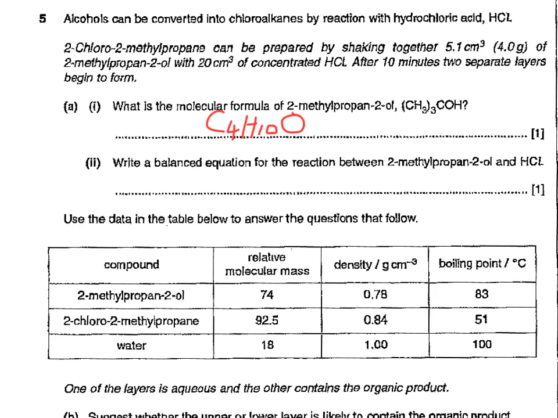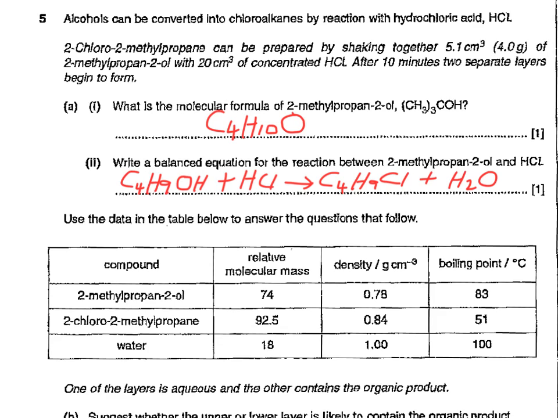So C4H10O would be appropriate for the molecular formula because it's literally just the number of atoms of each element present. When you write a balanced equation, I'd recommend maybe switching over to structural formula here, because then that gives a little bit more detail about the functional groups that are involved, and the examiner likes to see that you know what functional groups are involved. So what I mean by that is change it over to C4H9OH. So that's your reaction, obviously.